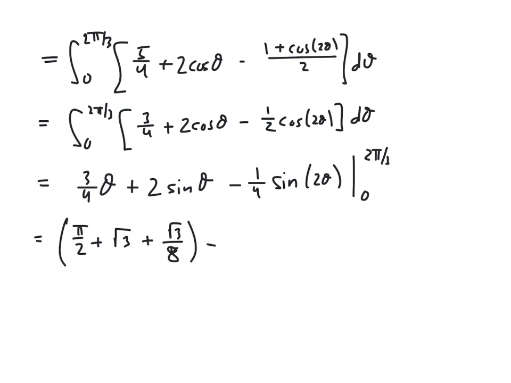We subtract the form with 0 substituted in, and that is 0 across the board. So we just have this number here, which I'm going to make no effort to simplify. If you really want to add the square root parts together, you can, but I don't care about that right now. This is a perfectly fine number, and this is the area of that region: pi over 2 plus square root of 3 plus square root of 3 over 8.